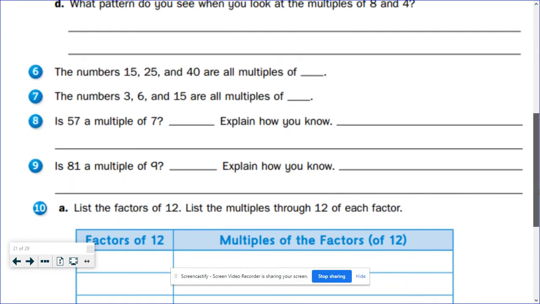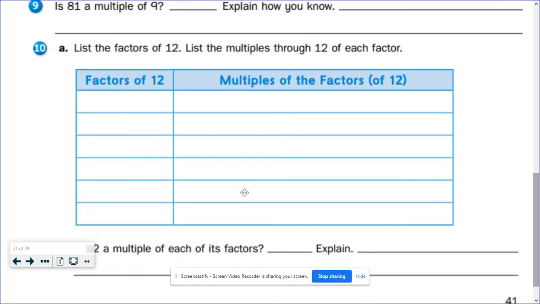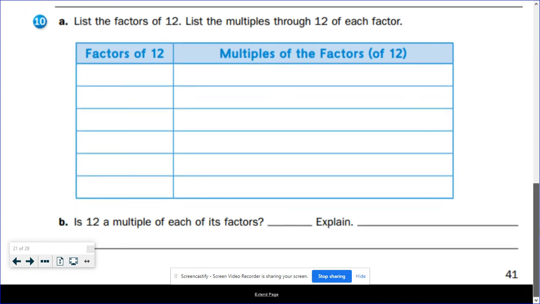And then when you get down to the bottom of this page, you're going to have a grid like we just did. And our last question, is 12 a multiple of each of its factors? So does 12 appear in all of these boxes? I think you know that it will, right? So you're going to talk about that and explain why.